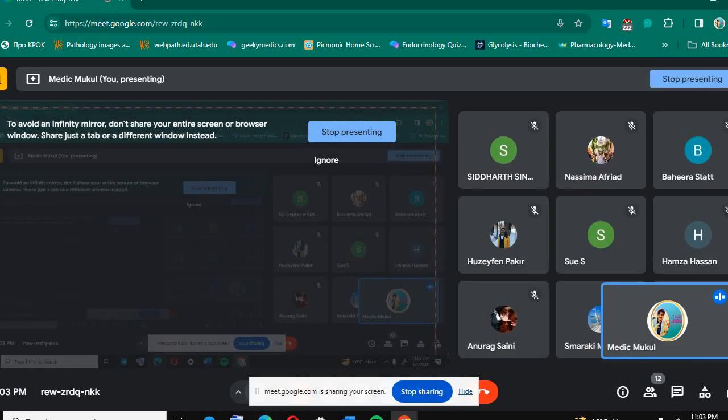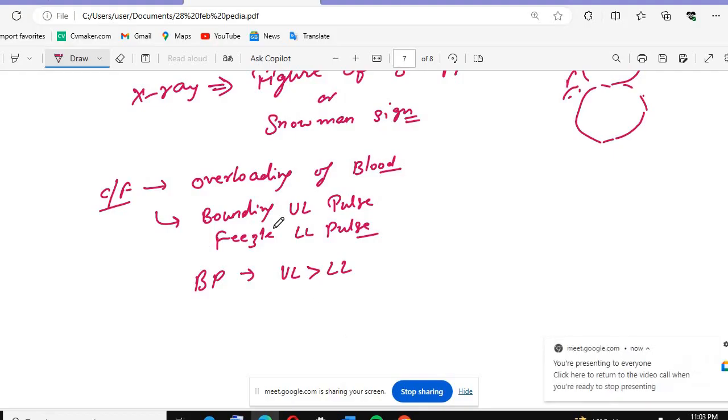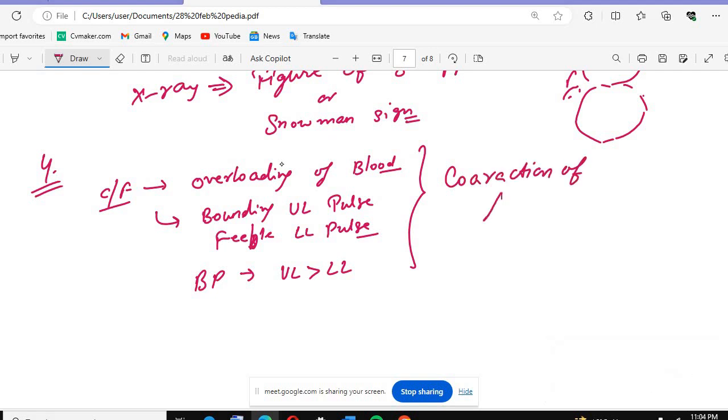If you are getting overloading of blood, a bounding upper limb pulse and a feeble lower limb pulse, and the BP is more in the upper limbs than the lower limbs, this is seen in the fourth point, coarctation of the aorta. In this condition, there will be aortic obstruction.